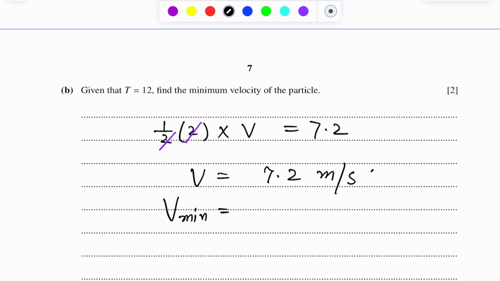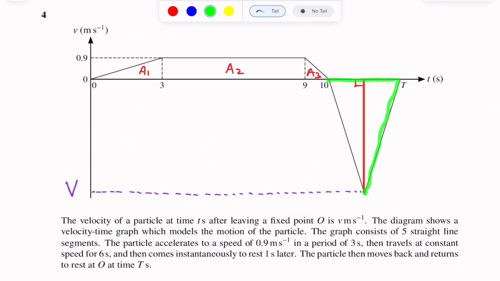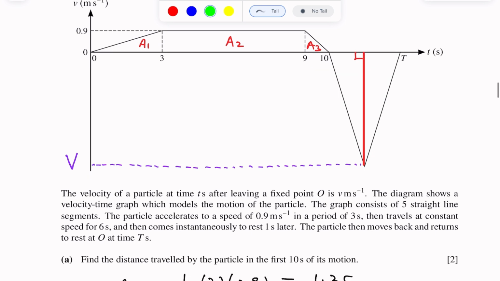So we represent it by the negative sign. So the answer is negative 7.2 meters per second, because it is velocity. The negative sign shows the direction of the motion is in the opposite direction, because the graph that lies below the x-axis shows the opposite direction of the motion.